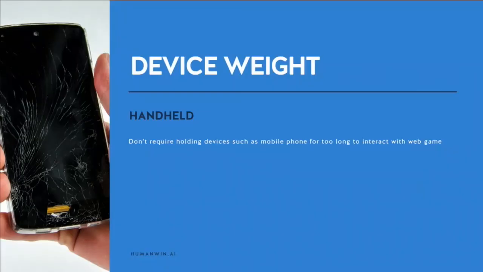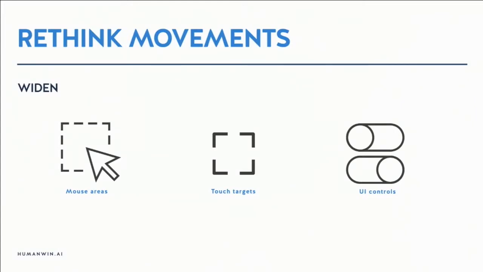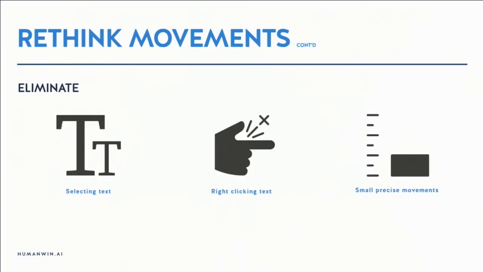If we are requiring our users to hold the device for too long, that would be very difficult for someone suffering from a motor impairment. So we want to rethink the mobile experience and having a user hold the device for very long. And that takes us to rethinking movements, widening out what those mouse areas or touch targets will be. Those are what we consider easy wins.